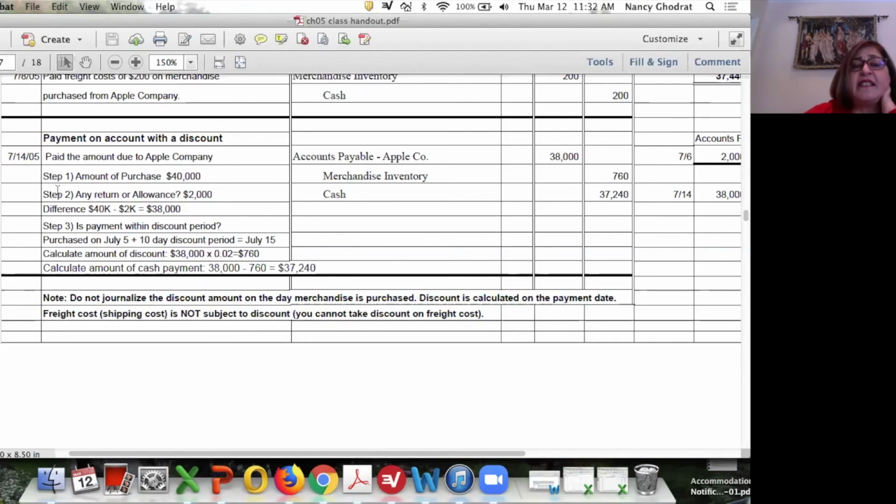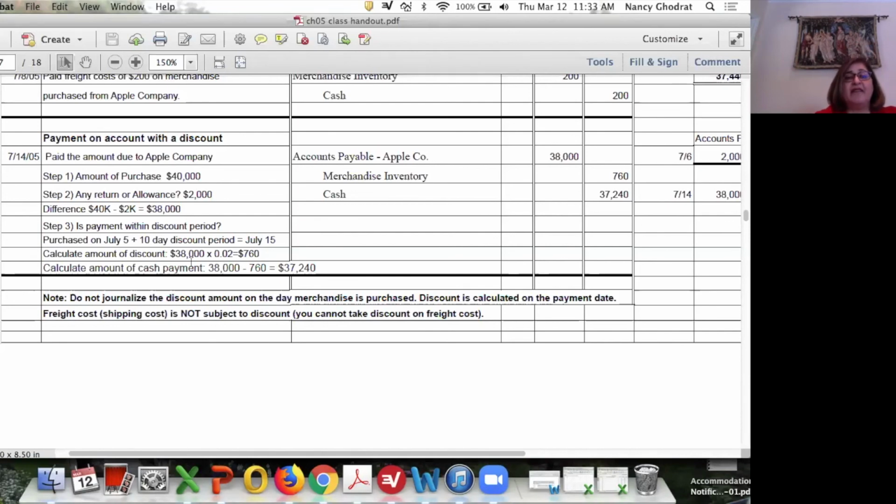In our case, remember we bought $35,000 in that PowerPoint slide. Did we have any return or allowance? Yes, we had a return of $7,000. And the third question is, are we paying within the discount period? And if we are, then we're going to take advantage of the discount, not multiplying the discount by the original purchase price, but what we owe.